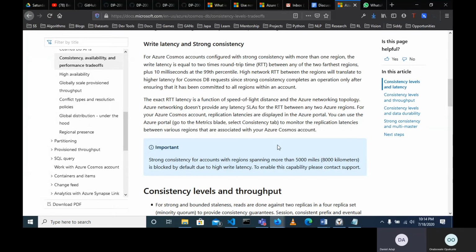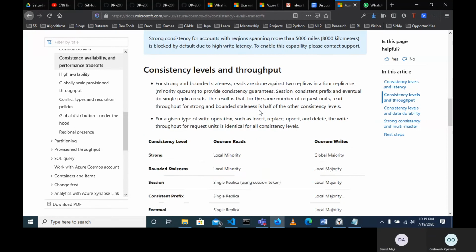If you are doing a write from the headquarters in US, that write will not be committed until the same write has been performed on the other regions. So that operation only completes then. Let's scroll down first. I want to see the throughput listing.